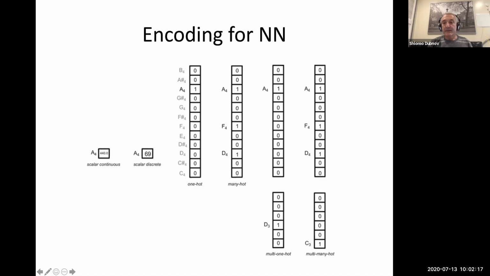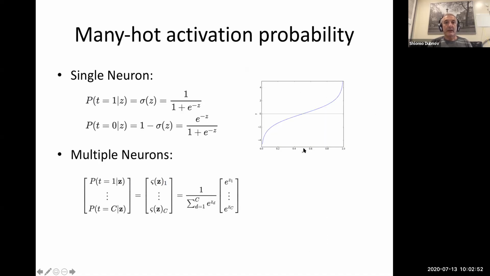There is also this notion of so-called multi-one-hot, where you can have several one-hot representations for each of these notes, or multi-many-hot. All of this is pretty important once you start designing the network, because it immediately reflects not only on the architecture and the complexity of the network, but also the more parameters you have to learn, the longer it might take you to train, and so on.